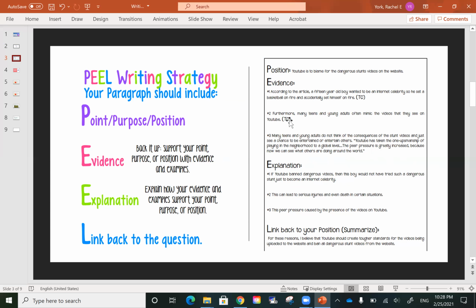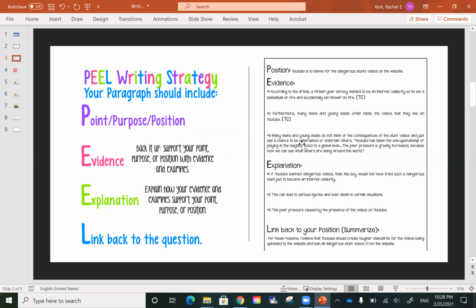And then you have your evidence. TC, that's your text citation, your in-text citation. That is where you had like, what source did you pull that information from? Okay. So you have the evidence here. It says according to the article, and then here's some more evidence.